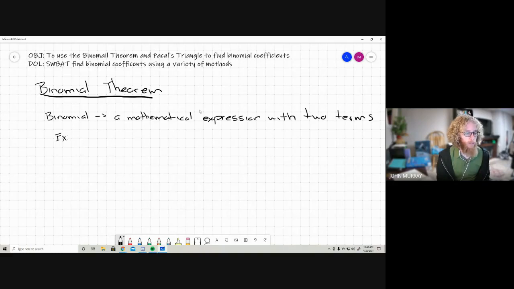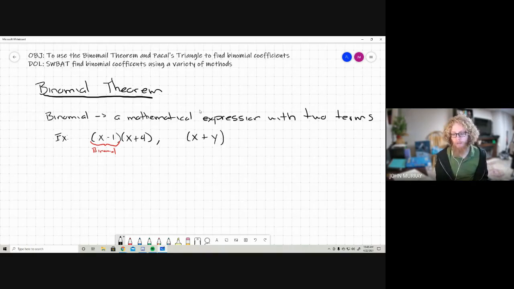So when we factor a quadratic, we're breaking it up into two binomials, right? This is one binomial, and this would be another binomial. Now, it doesn't always have to involve numbers. You can just have x plus y, right? That's a binomial.